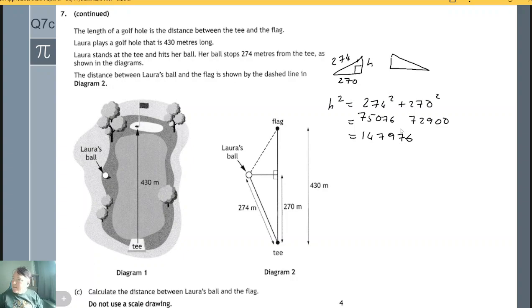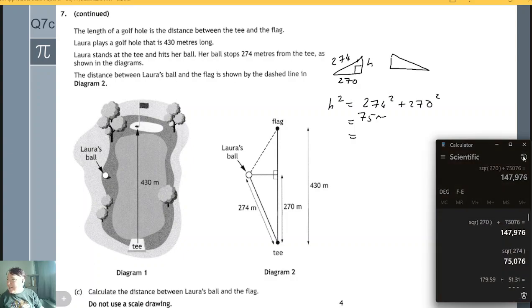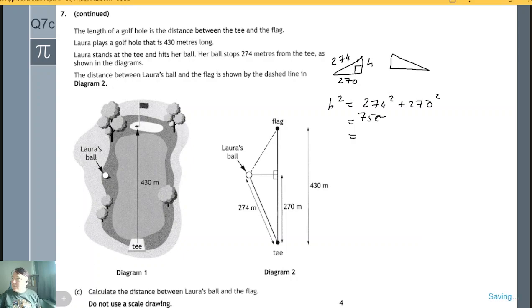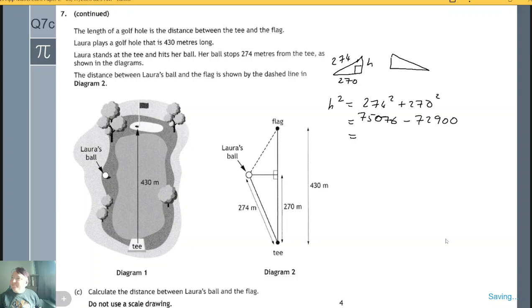This is where you've got to be careful what you do. I'm looking at it, I'm thinking, how can that side be bigger than the start? What were my numbers again? 75076, and 270 squared, 72900.